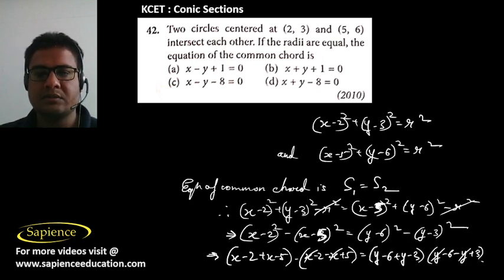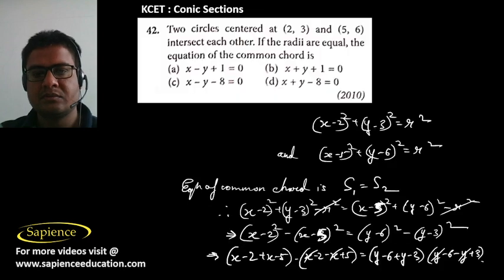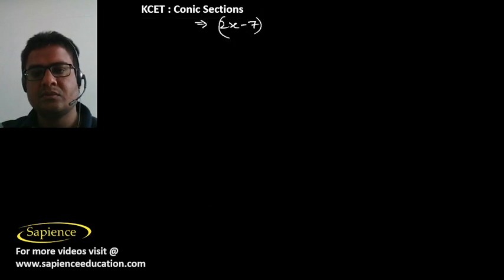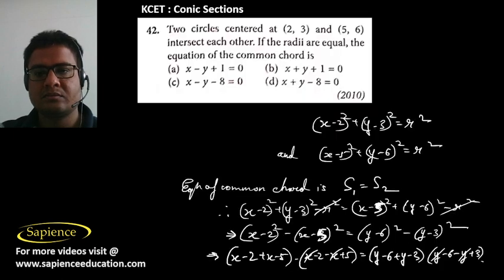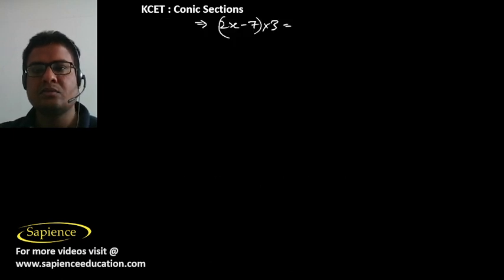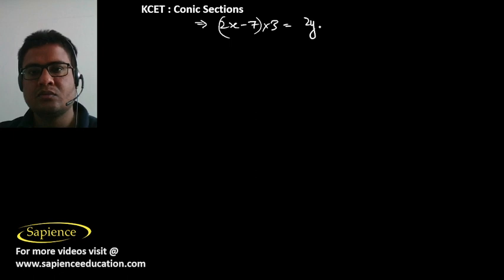Here these two will cancel. So this will be equal to 2x minus 7 into 3, equal to 2y minus 9 into minus 3.